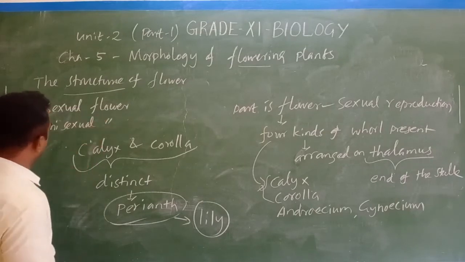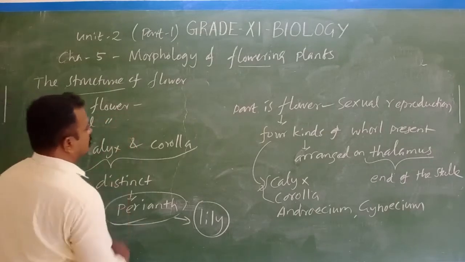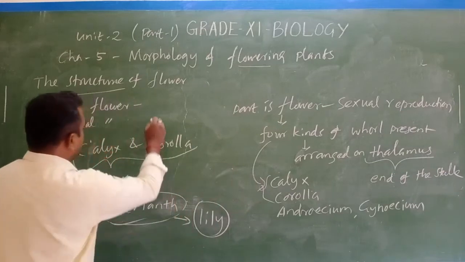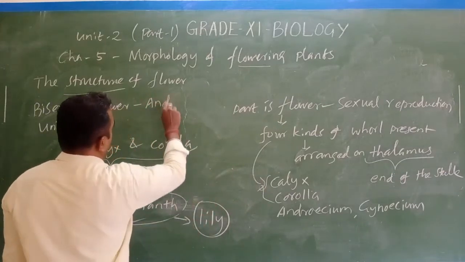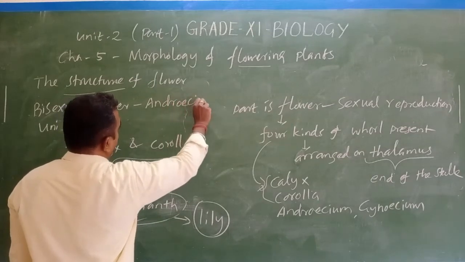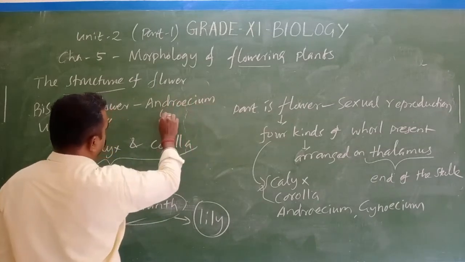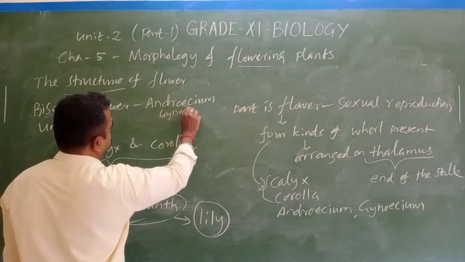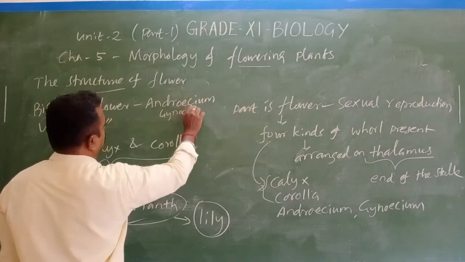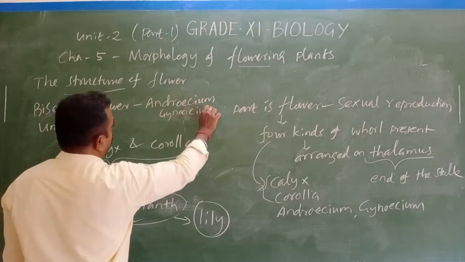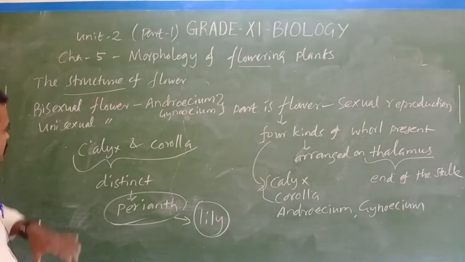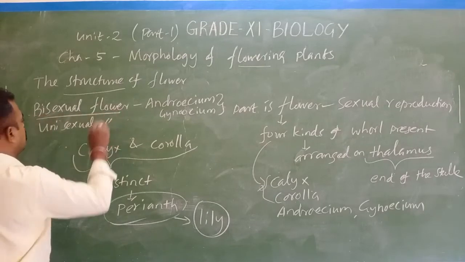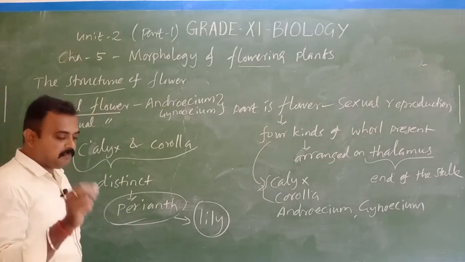Bisexual means male and female. Male reproductive part is what? Androecium. Female reproductive part is what? Gynoecium. So when both reproductive parts are present in one flower, it is called a bisexual flower.